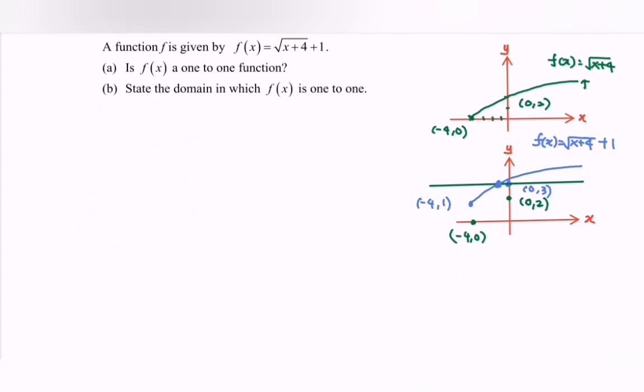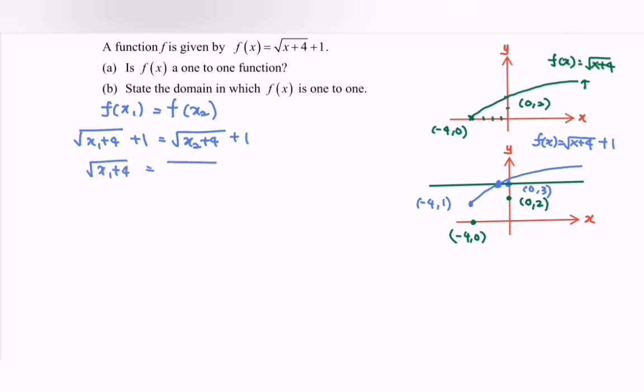Next, we are going to use the algebraic method. f(x1) = f(x2). Kindly substitute. We have the square root of (x1 + 4) + 1 on the left, and the square root of (x2 + 4) + 1 on the right. Kindly rearrange and simplify. The plus 1 on both sides simplifies to 0. Next, the square root of (x1 + 4) equals the square root of (x2 + 4).